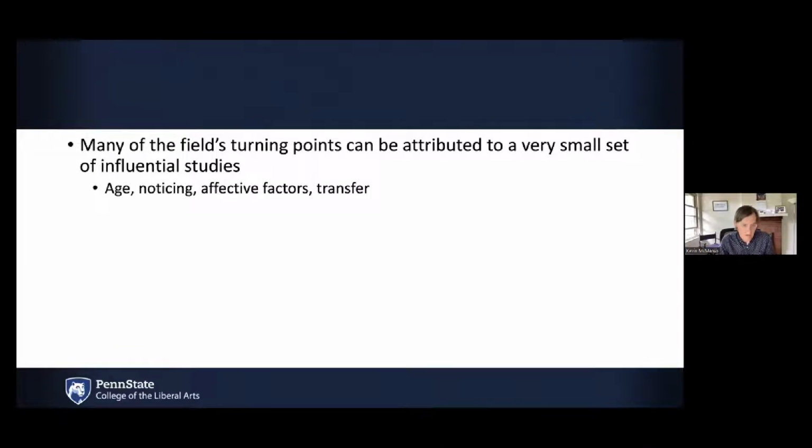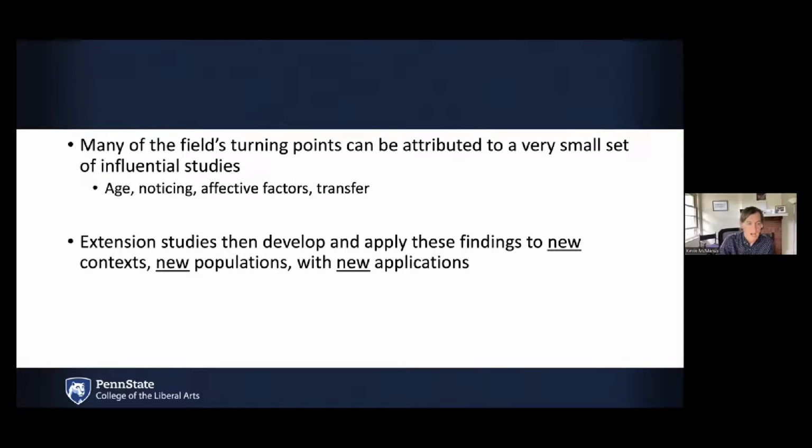So age, noticing, affective factors, transfer, all of them, right? They all begin somewhere, right? They all started with a very small number of extremely influential studies, right? And what these extension studies then do is take the findings of that initial study, right? They develop them, apply them to new contexts with new populations and new applications, right?